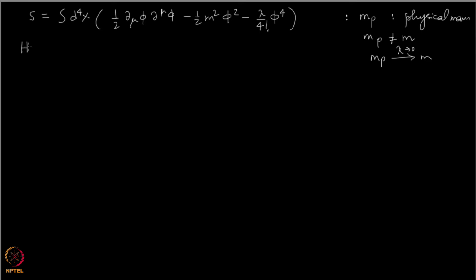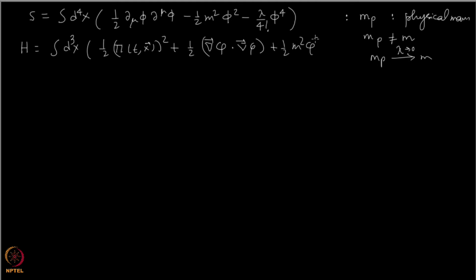Now let me write down the Hamiltonian with which we are going to work mostly. So you have half pi whole squared, okay, plus half gradient of phi. I will suppress the arguments of phi, okay, plus half m square phi square.